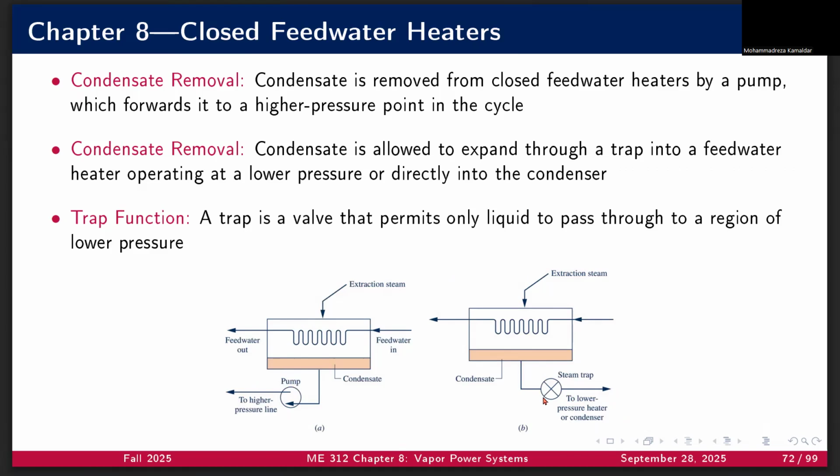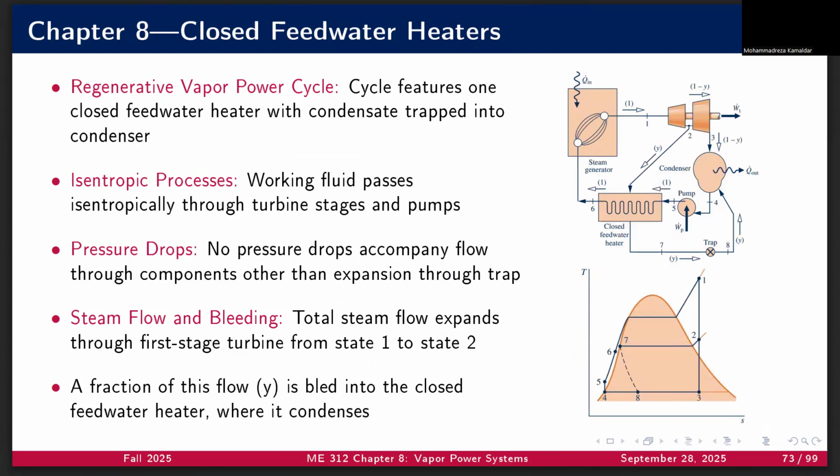We will see the trap draining method used in our next cycle diagram as it offers a clean common loop configuration. Okay, now let's integrate the closed feed water heater concept into a complete cycle diagram.